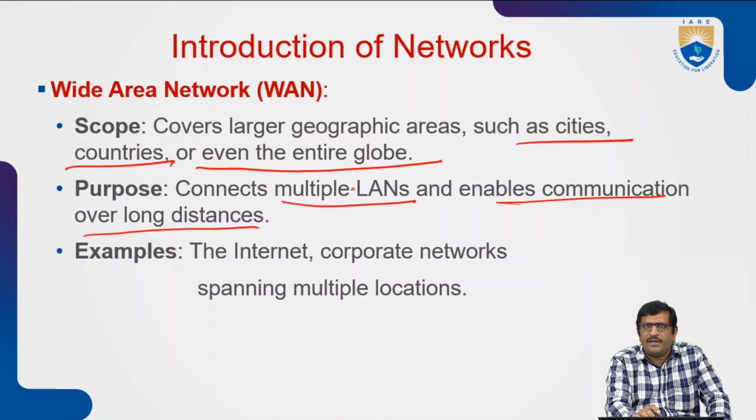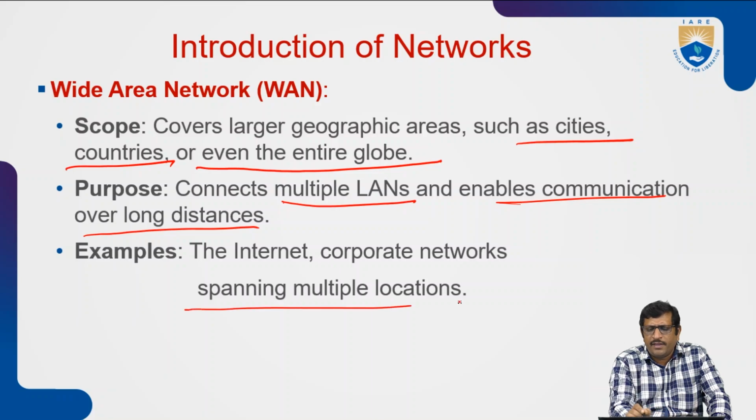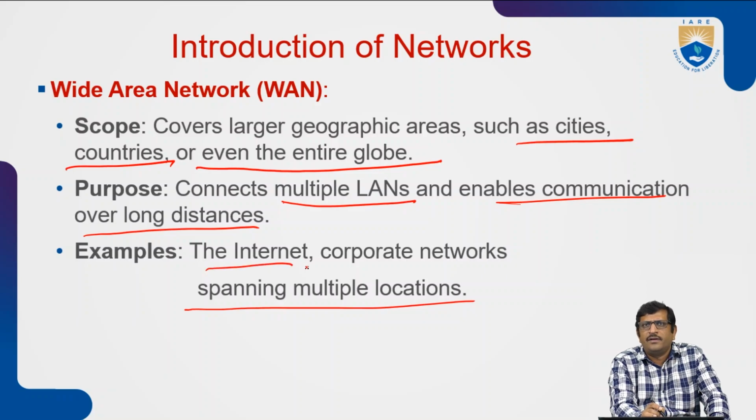Examples of WANs are the internet and corporate networks spanning multiple locations. In the internet also we use the WAN. Why? Because for connecting multiple networks, each network is connected with a LAN, and another network is connected with another LAN.